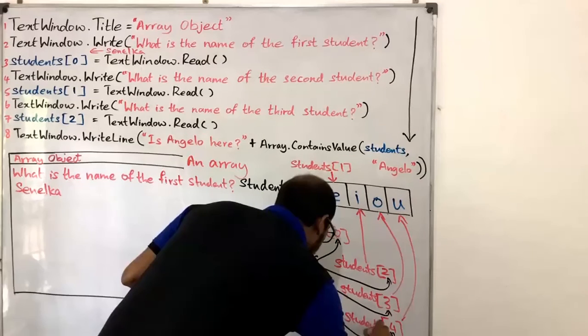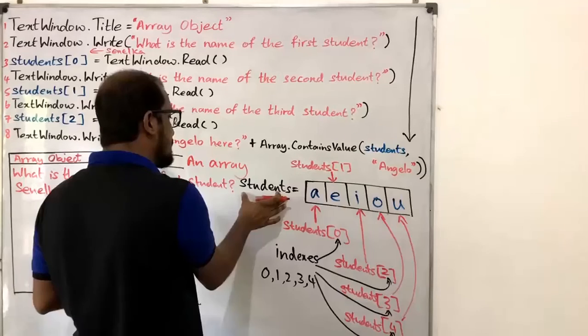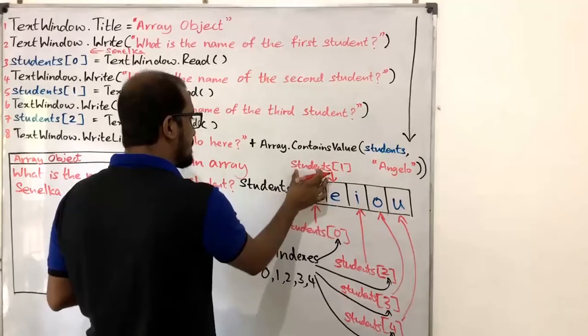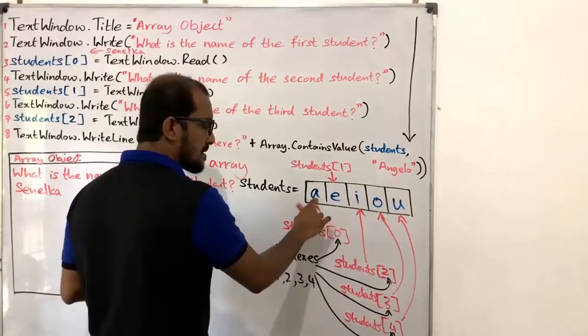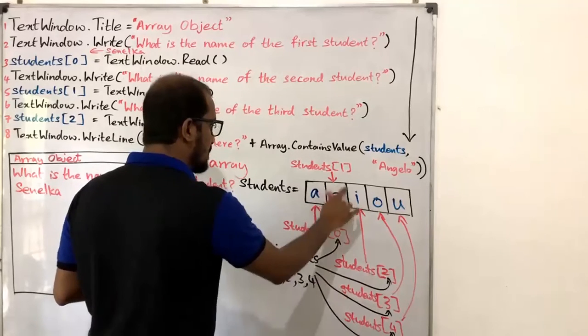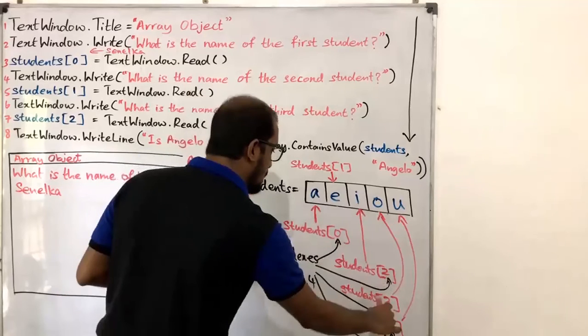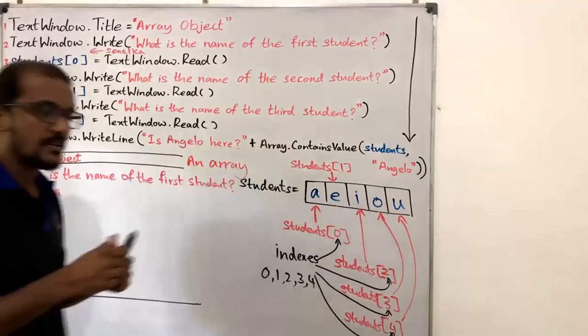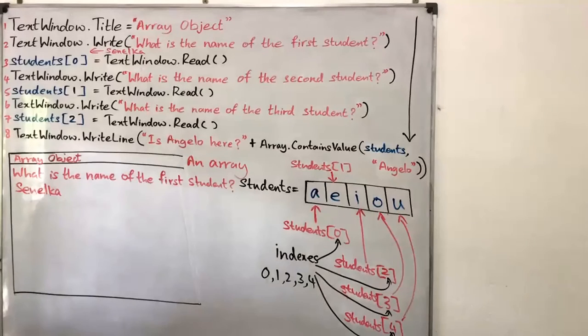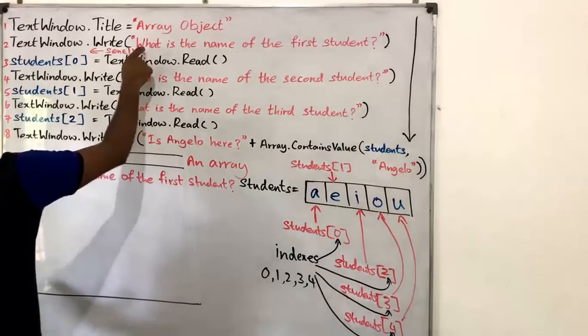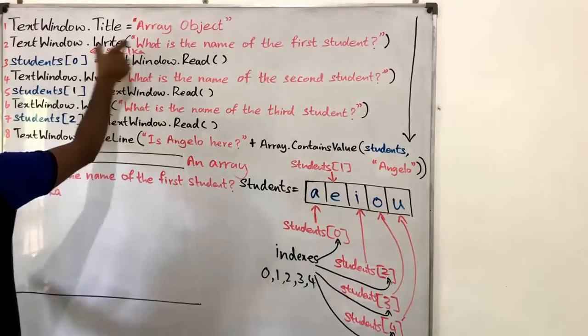As this is the students array, the addresses should start from the 0 position, then first position, second position, third position, fourth position, likewise. So text window reads the value Senelka and stores that value under students 0.